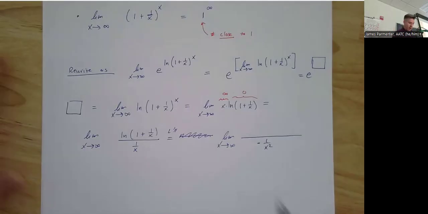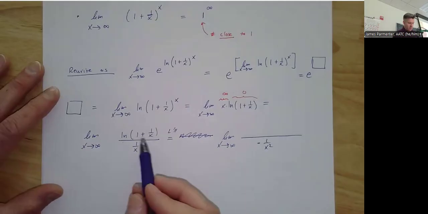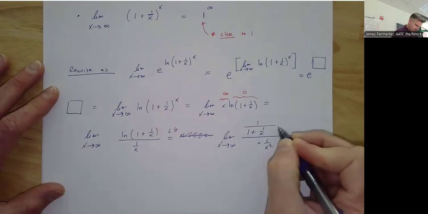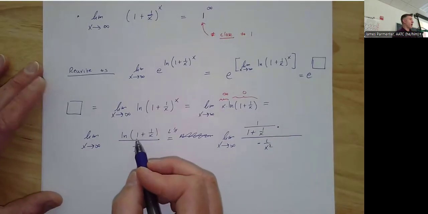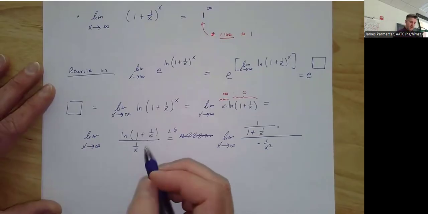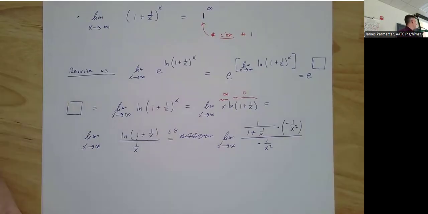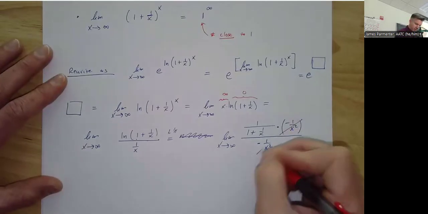I know it's like often we do top first, but like the easier part is just the easier part. Do that first. Now, in the numerator chain rule, the derivative of the natural log of some stuff is 1 over the stuff times the derivative of the stuff. The derivative of 1 is 0. The derivative of 1 over x is again negative 1 over x squared. And look at that. How lucky are we? The negative 1 over x squared is going to cancel the negative 1 over x squared.